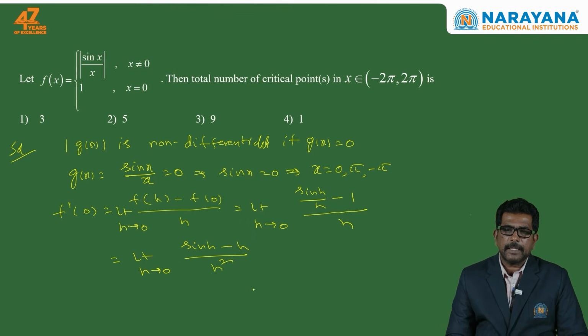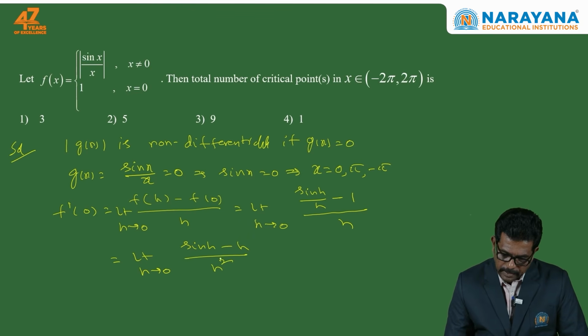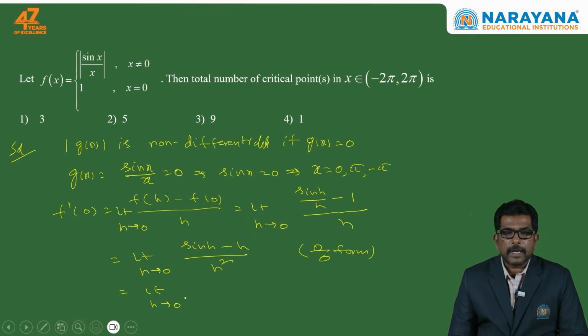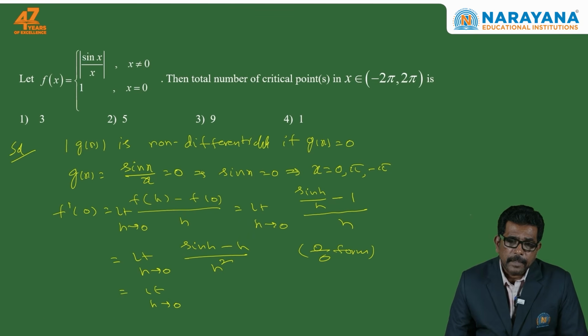When we apply the limit to this expression, the numerator and denominator take the 0 by 0 form, so we apply the L'Hopital rule, or we can use the expansion, which is also correct.